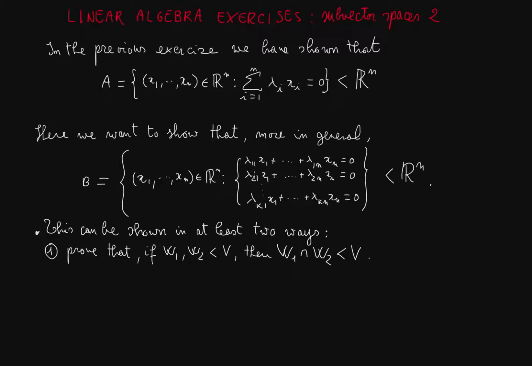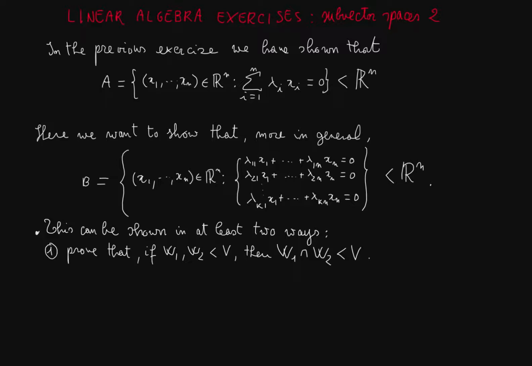And if we know that the intersection of any two subvector spaces is still a subvector space, then we conclude right away that B is a subvector space of Rn. Now recursively, we can see right away that the k-fold intersection of subvector spaces will also be a subvector space of Rn. So this would imply at once that B is a subvector space of Rn.